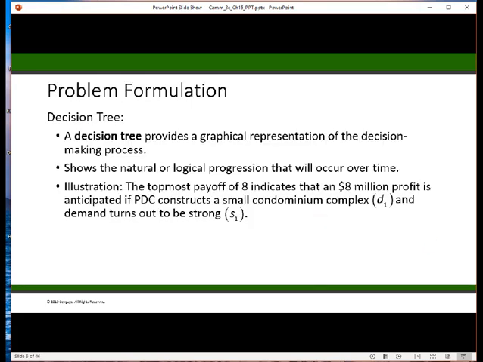So we've been looking at a decision tree, which is a graphical representation of the decision-making process. It shows the sequential progression of decisions and chance events that will play into our decision-making.